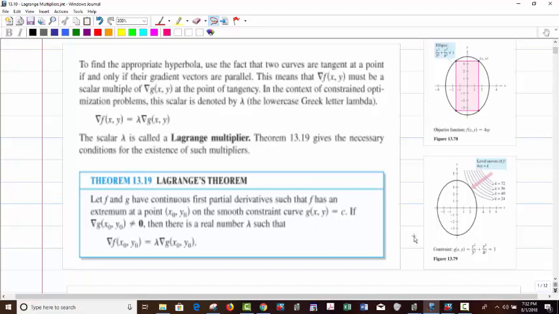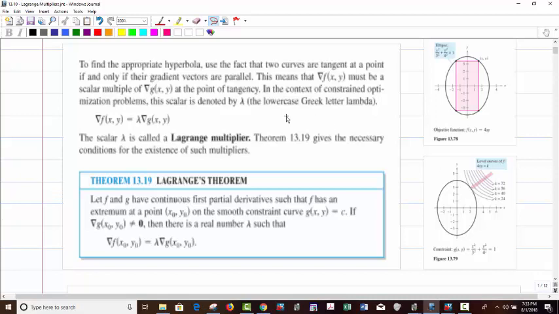So on this graph, this ellipse is the constraint equation. And what these level curves represent is the function f of xy if you set it equal to different values. They're using k here, and sketch the graph. Well, the optimal point is going to occur at the point of tangency, where those two graphs hit each other.